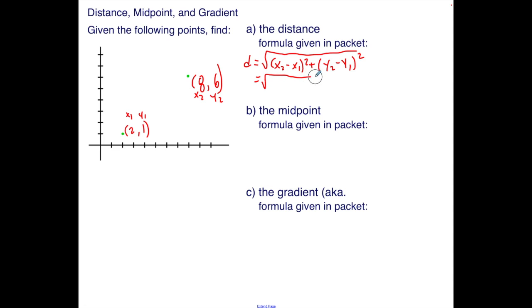Square root of, say we have x2, so (8 minus 2) squared plus (6 minus 1) squared. And if you put the whole thing in the calculator, we'll end up with square root of 61, which gives us around 7.81.